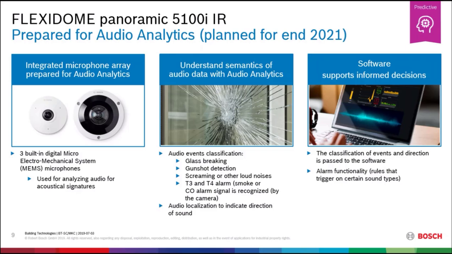And then it will be moving on and improving to screaming, other loud noises, looking into specific word detection, as well as T3 and T4 CO2 and smoke alarm detection. And then with the 3 MEMS microphones, the camera is able to localize the direction of the audio, where it's coming from.